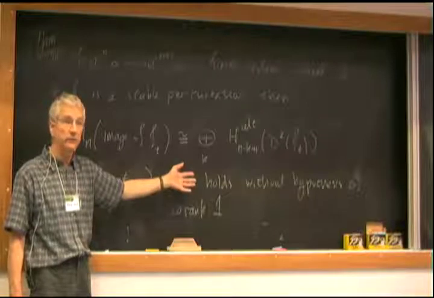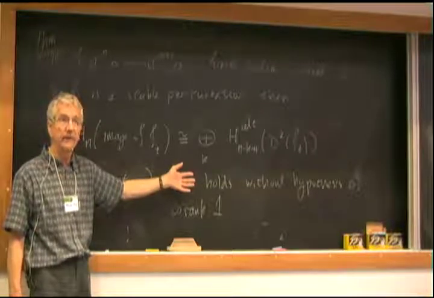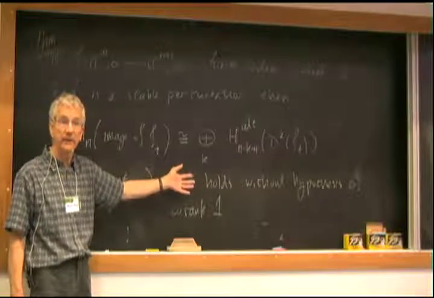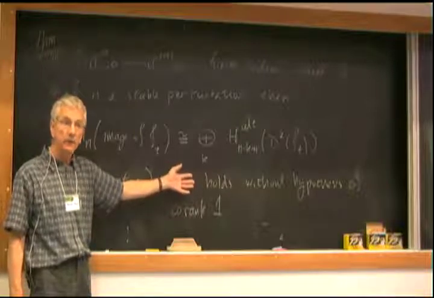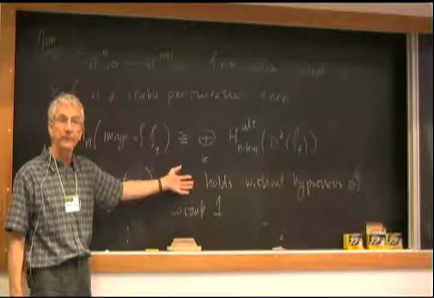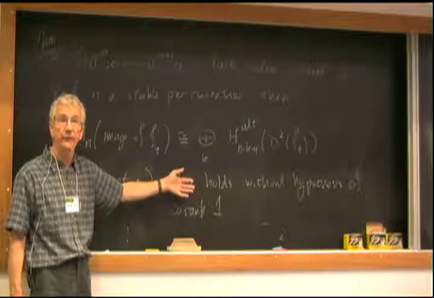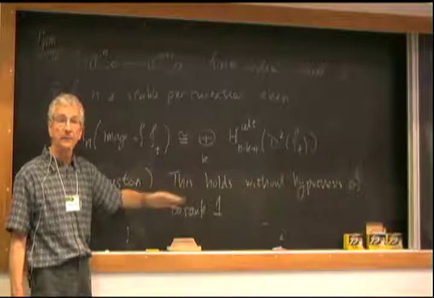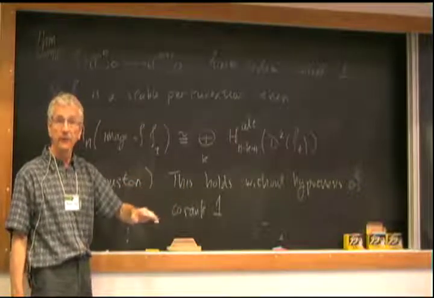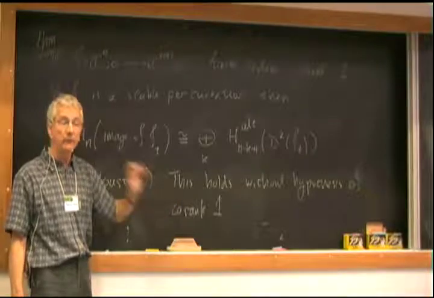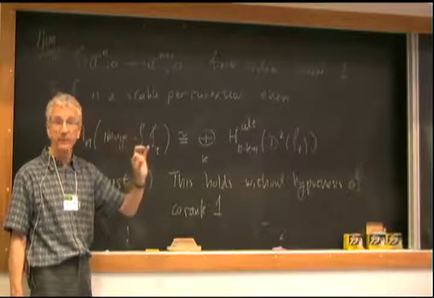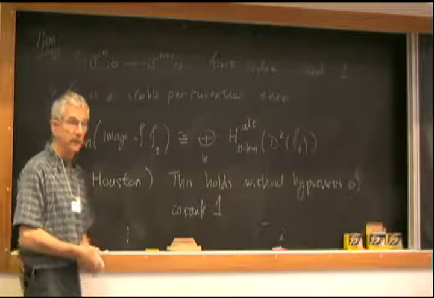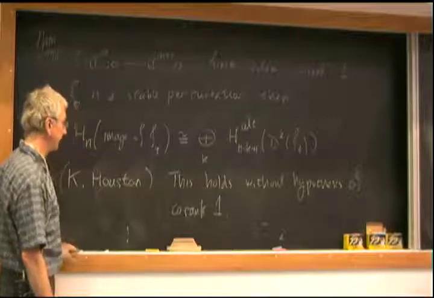They're certainly not complete intersections. They might have isolated singularity, but even that's not clear. The multiple point spaces of the stable perturbation are not wedges of spheres, and they may have homology in many different dimensions, and in fact they do. But the remarkable thing is they have alternating homology only in middle dimension. That's what Kevin proved in quite a difficult proof.